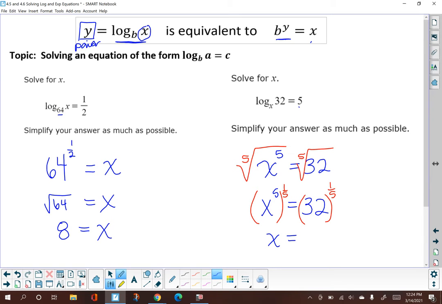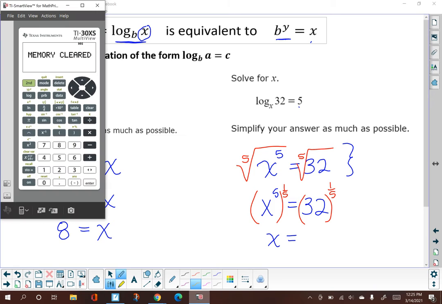So in your calculator, you can either type in the 5th root of 32 or 32 to the 1/5. I have my calculator, so I'll show you that those two are the same. We could do the 5th root of 32. Make sure you actually do use that other index for the root button there.